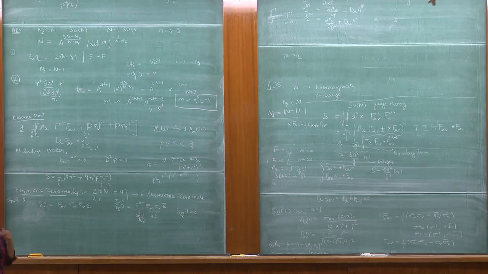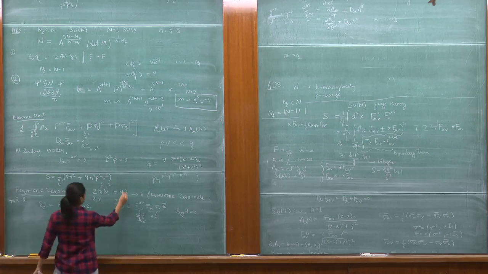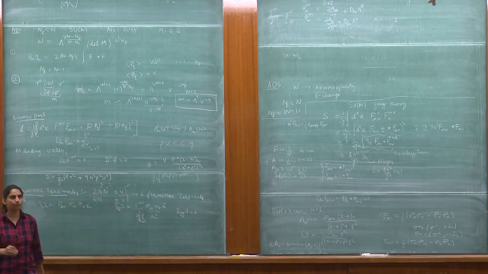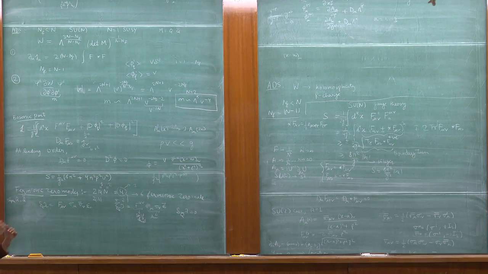So there need to be 2 Goldstone modes corresponding to broken supersymmetry. These are called Goldstinos, and 2 out of these 4 zero modes are basically the Goldstinos corresponding to broken supersymmetry. And when we include the expectation value of V, only these 2 will remain zero modes, the other 4 will get lifted. So the actual zero modes, you can always think of them as Goldstone modes coming from some symmetry breaking.